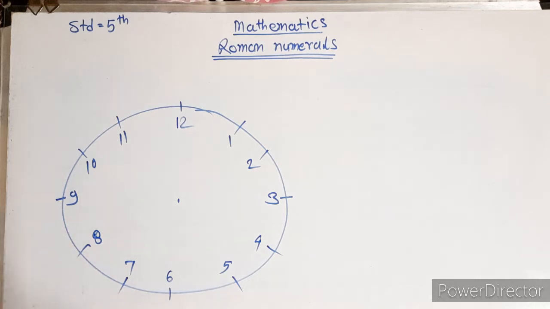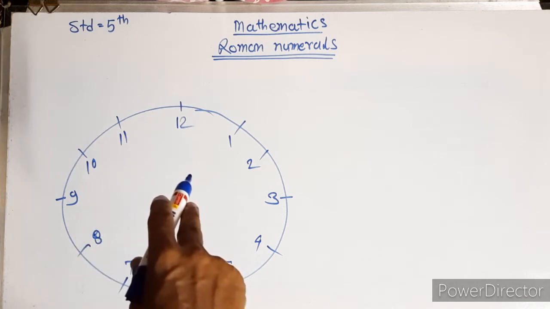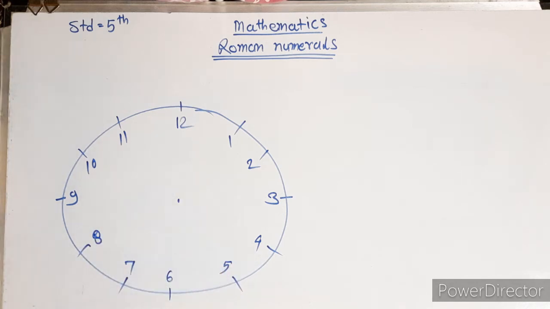Now, in this circle, we write the international number. Now, it is converted into Roman numerals like this.